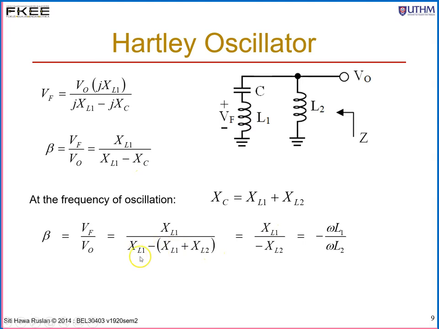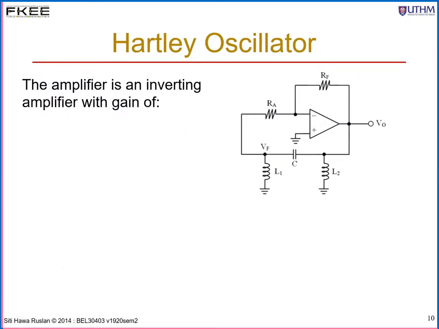Simplify this, XL1 minus XL1 cancel out, so you are left with XL1 over XL2. There is a minus sign, so your beta is equal to minus omega L1 over omega L2, and this negative indicates the phase shift of the feedback network.